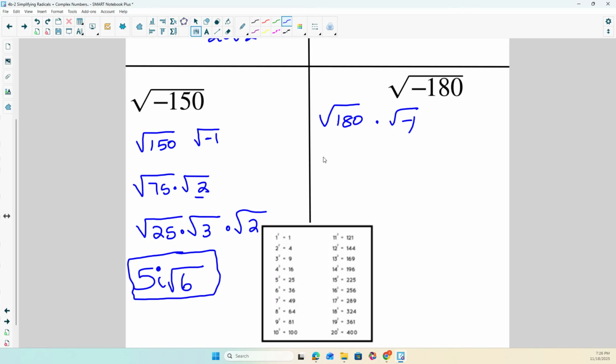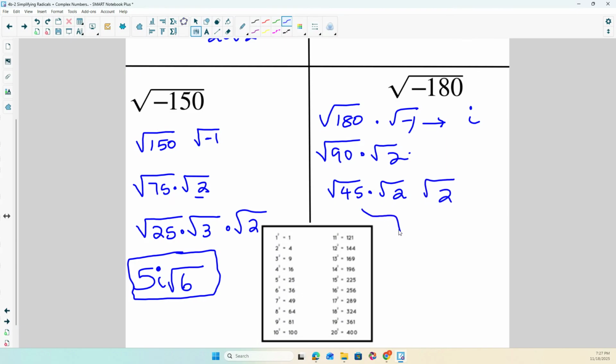You can break down 180 as the square root of 90 times the square root of 2. We already know that this is going to be i. Now, the square root of 90, you can break that down to the square root of 45 times the square root of 2, and then we already have this one here.